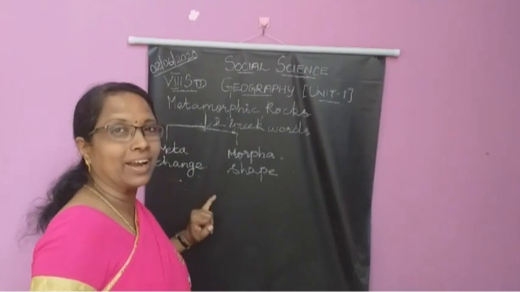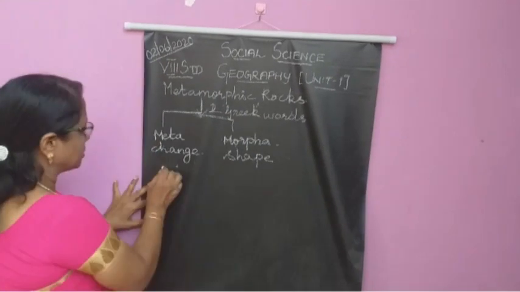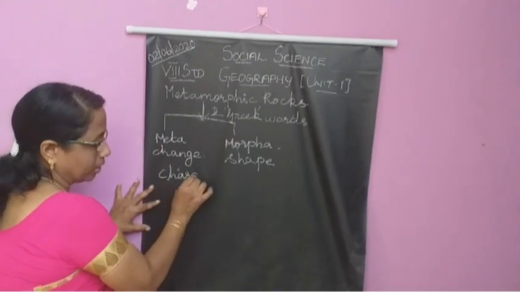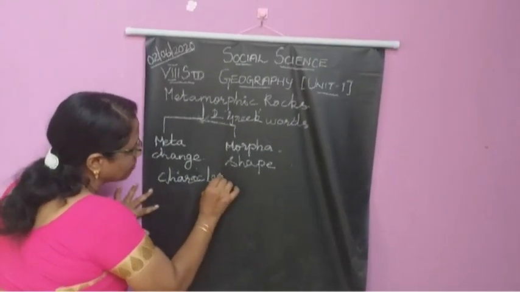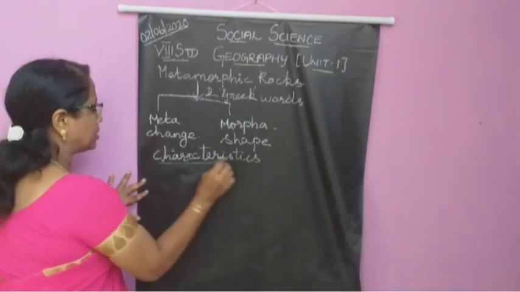Now the characteristics of metamorphic rocks. What are the characteristics? It is crystalline in nature.